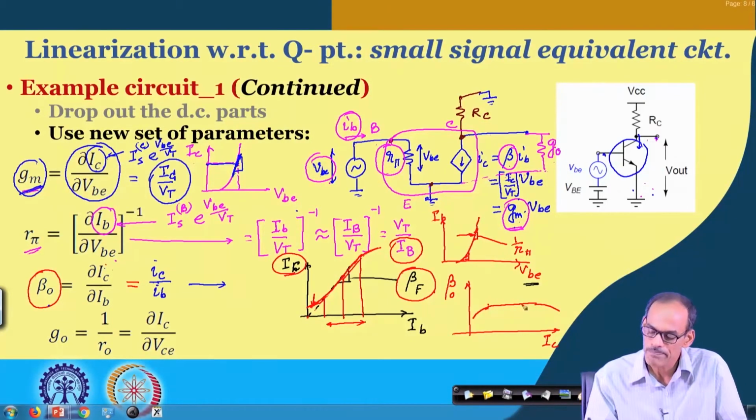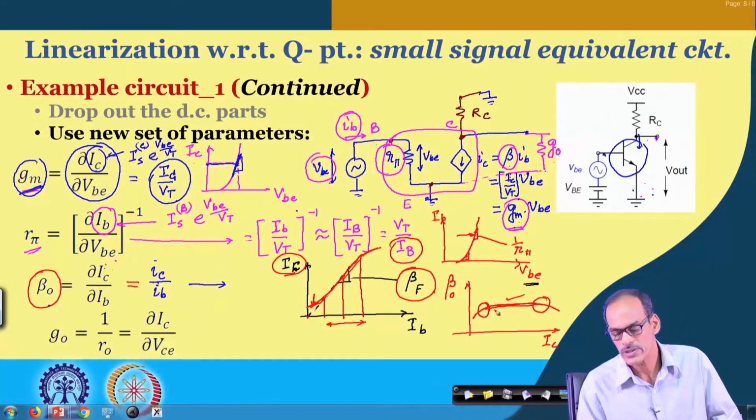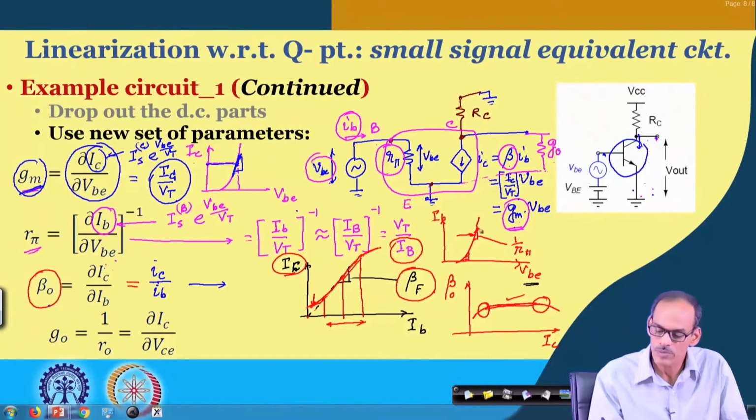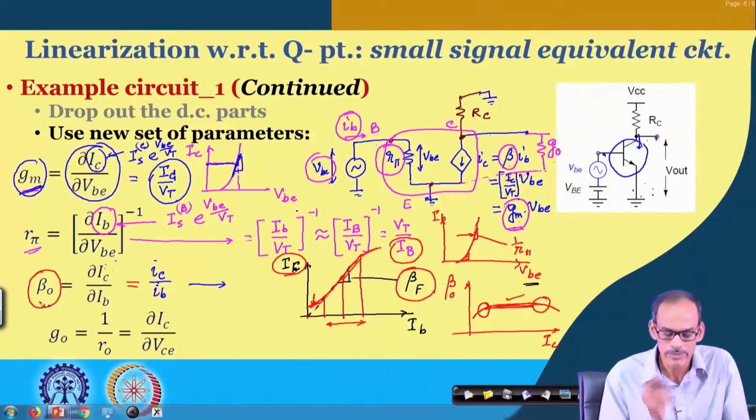This is the violation of low level injection, and this is where the recombination current also starts becoming prominent. Somewhere in this range, low level injection is valid, and the recombination at the base region can be ignored, and hence both of these curves have the same kind of relationship, and the beta remains constant. So, that is about the beta.